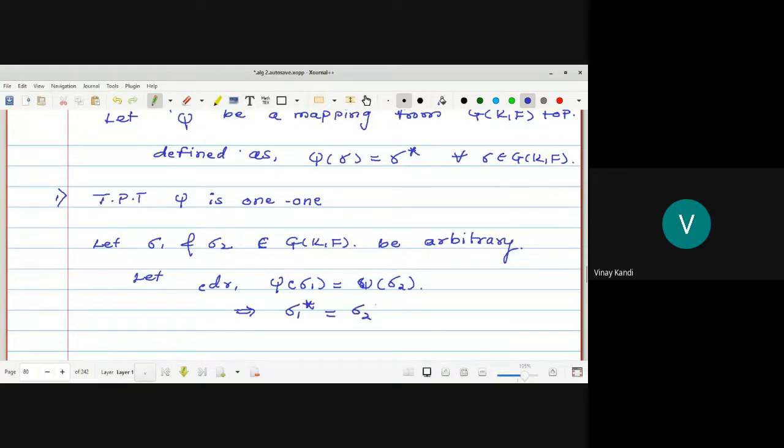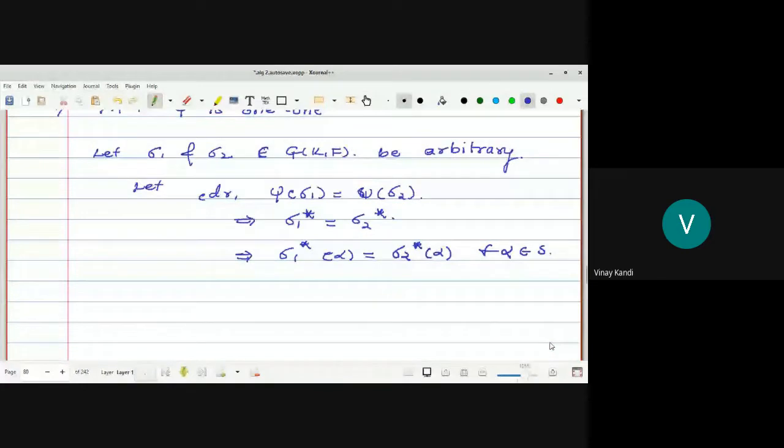Okay, sigma 1 star of alpha is equal to sigma 2 star of alpha for all alpha belonging to S. So this implies that sigma 1 and sigma 2 are equal on the set S. So sigma 1 of alpha is equal to sigma 2 of alpha for all alpha belonging to S. What is the reason?